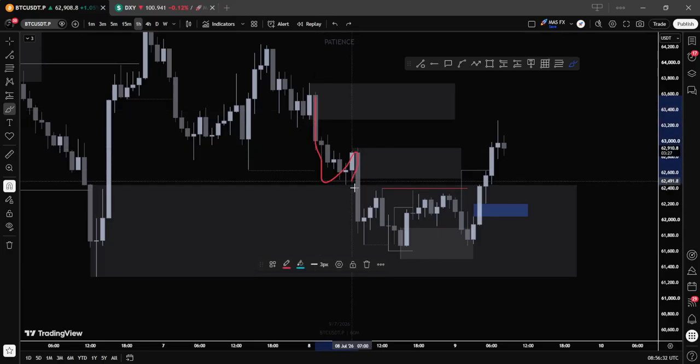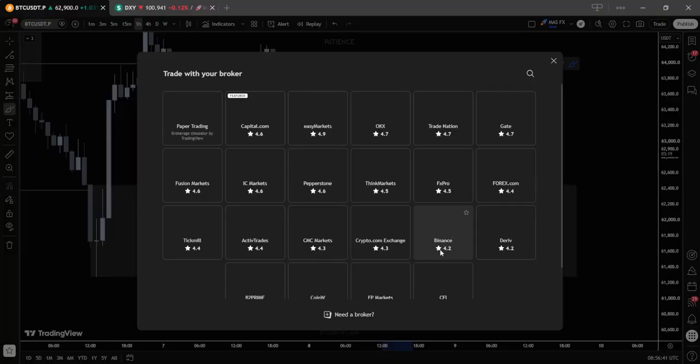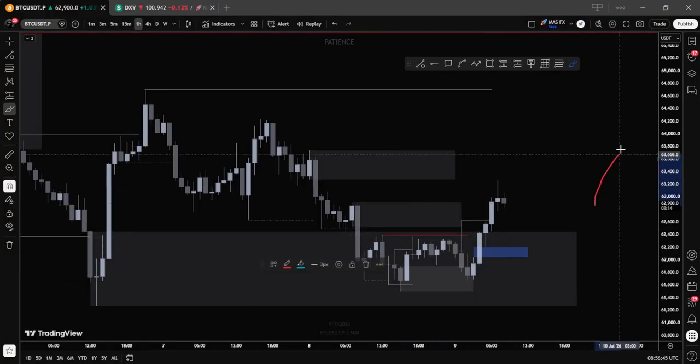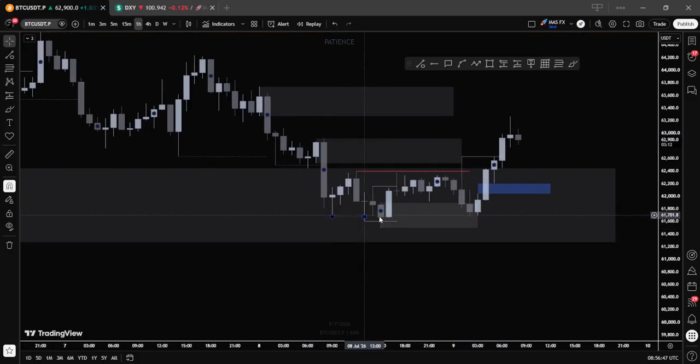Price pushed up, pushed down, pushed up, pushed down, pushed up, swept liquidity behind the old low, this level over here, right? And then caused the break of structure. Now after the break of structure, what do we have?